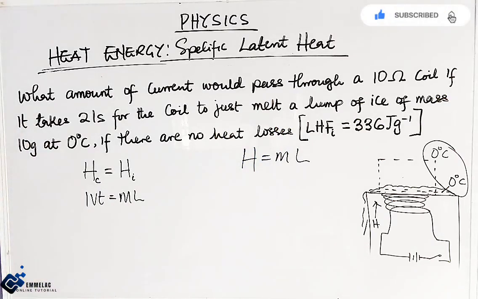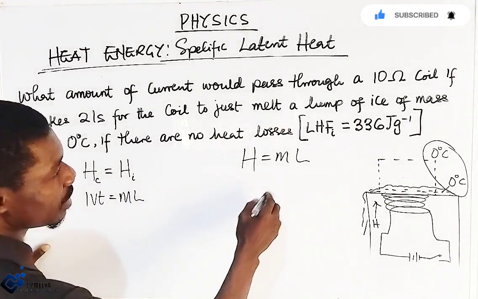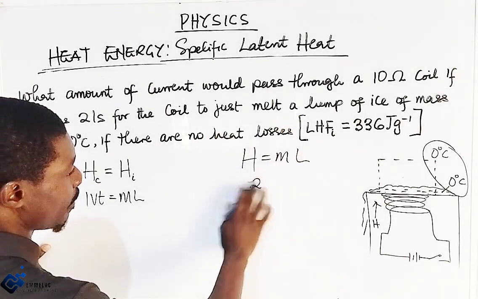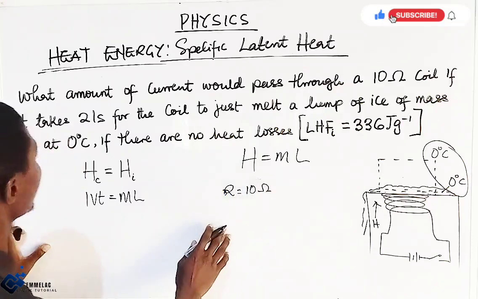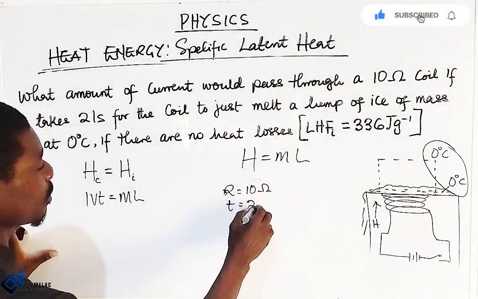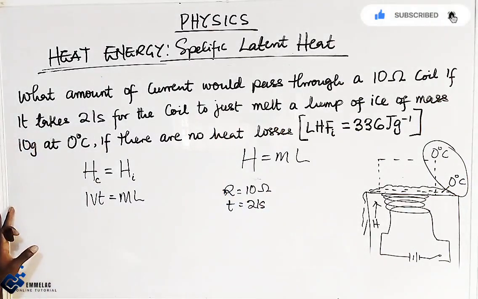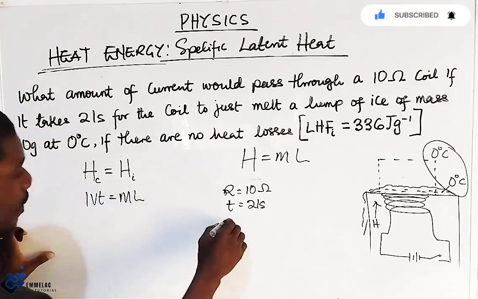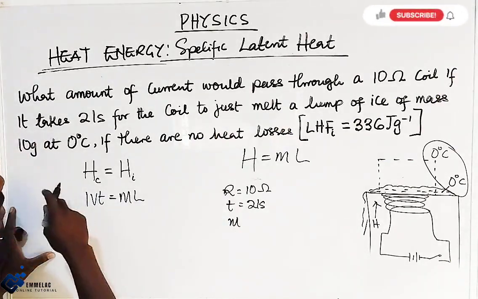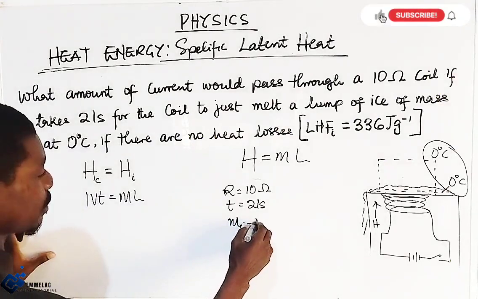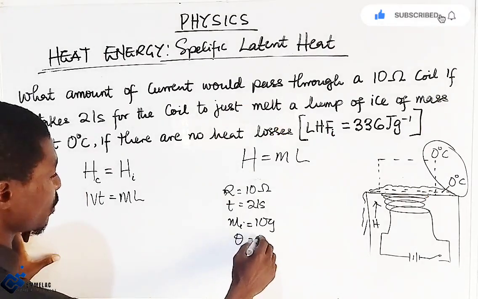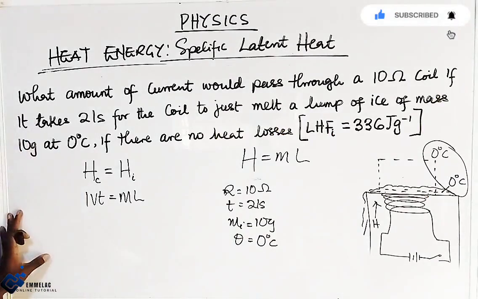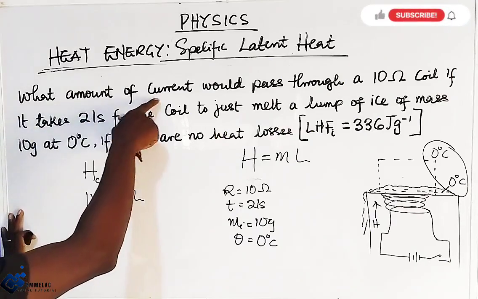Writing out the parameters, we are given that the resistance of the coil is 10 ohms, the time is 21 seconds, the mass of ice equals 10 gram, and the temperature is 0 degrees.